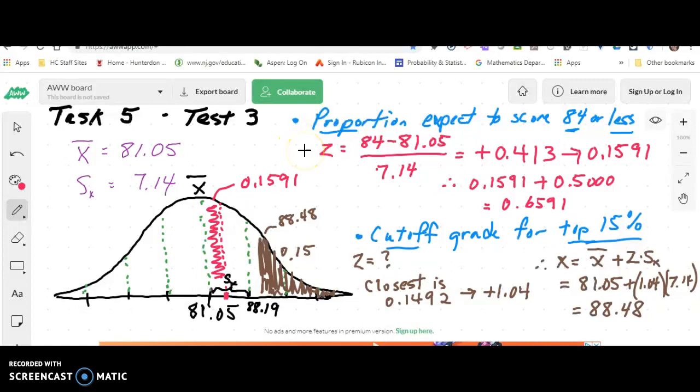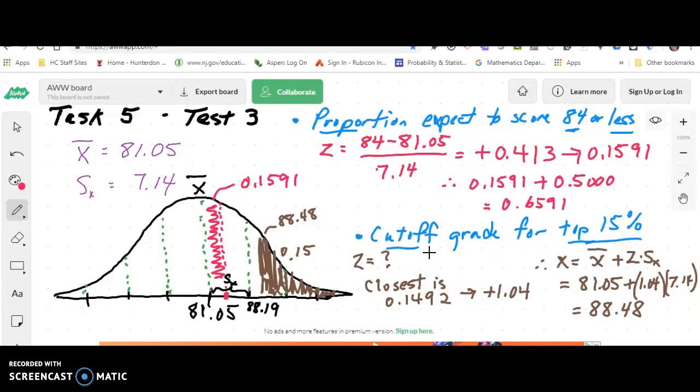The other type of problem is when we have the reverse scenario. Instead of us having the actual cutoff score that we want and finding the proportion of the population from one side or the other, the next problem said, the teacher provides a list of students who score in the top 15% of the population to the dean for an award.